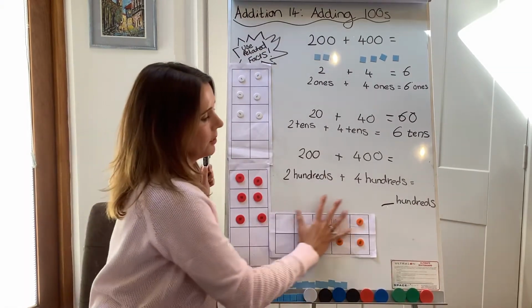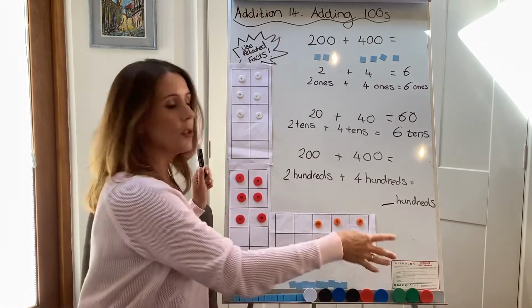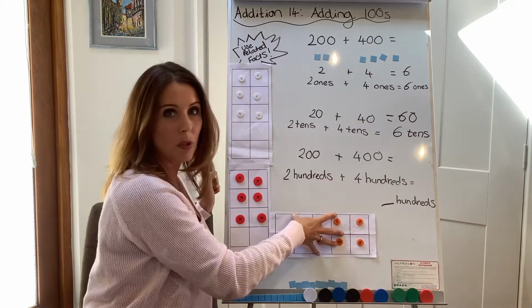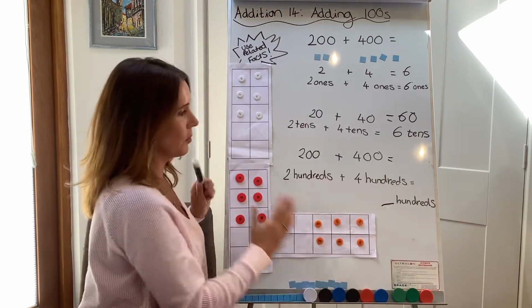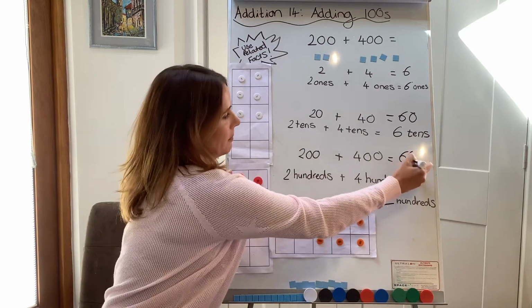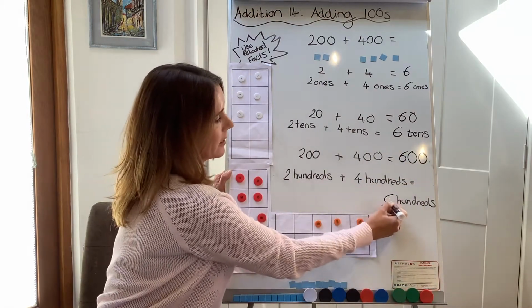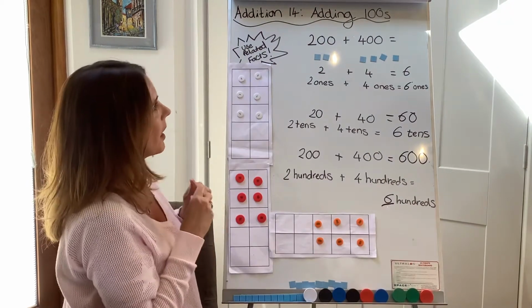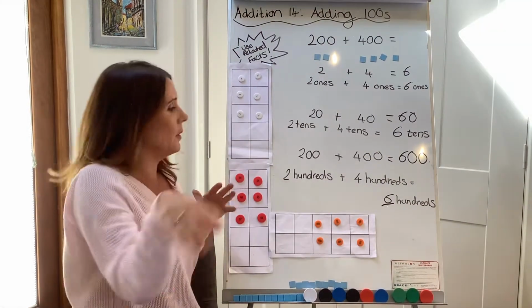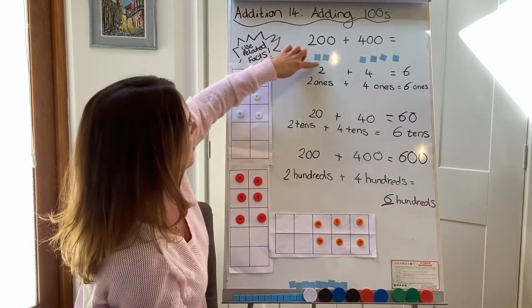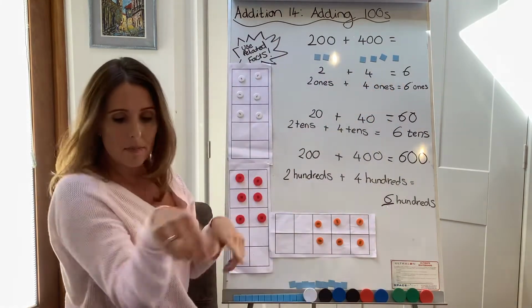Then I also can use this as a 1000 frame. 200 and 400 is equal to 600 because 200s and 400s make 600s. Okay, and we can see this using the place value counters. So we've got 2 and 4 is equal to 6.